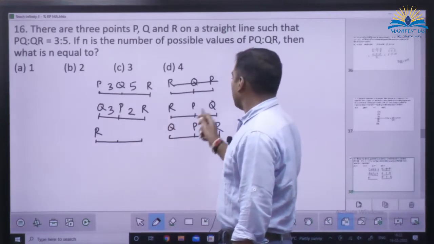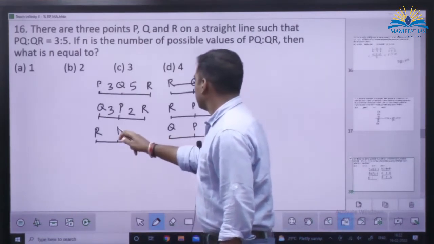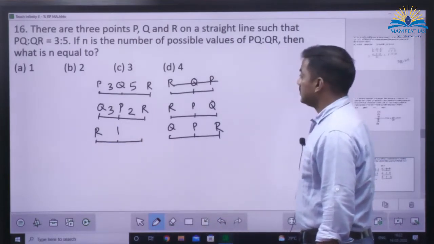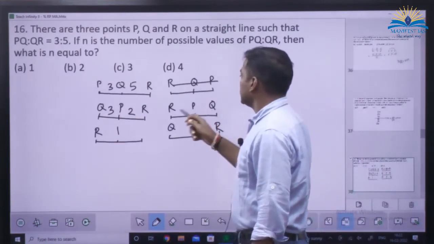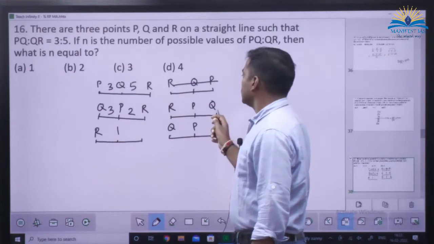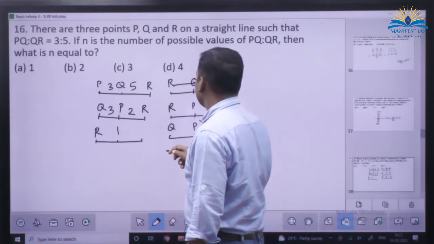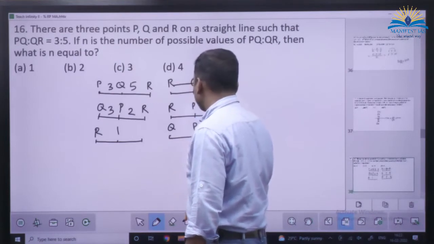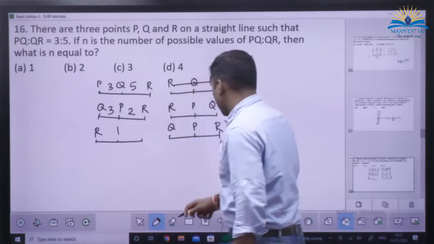QPR and the reverse of it. Then PQR and the reverse of it. One second.